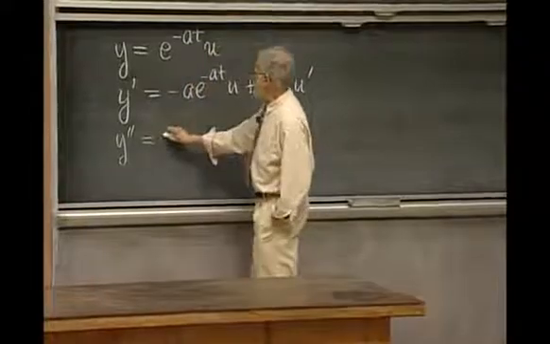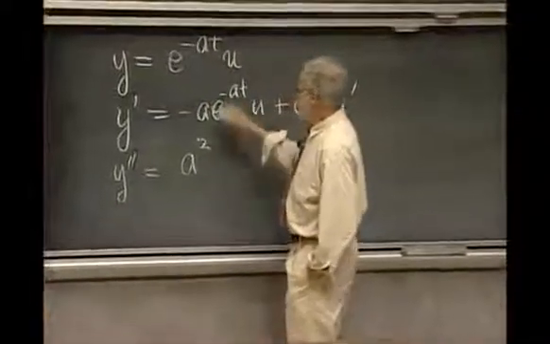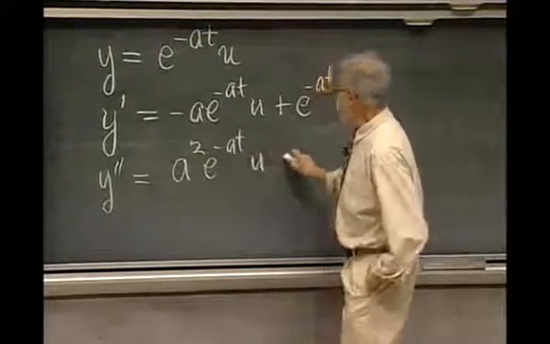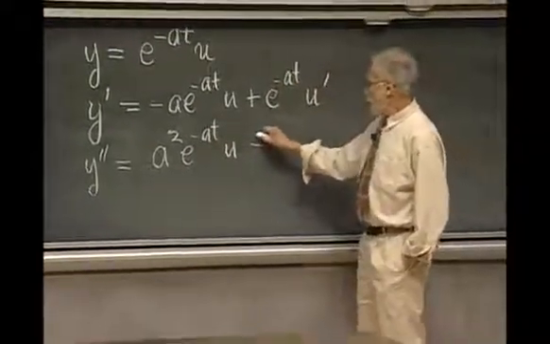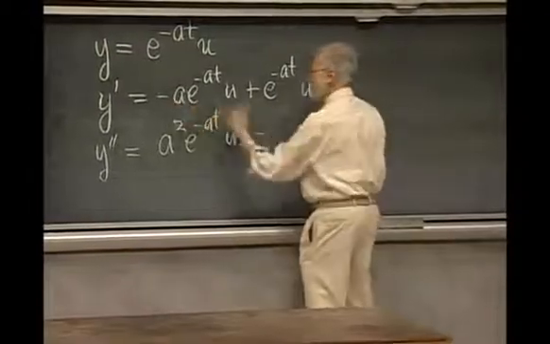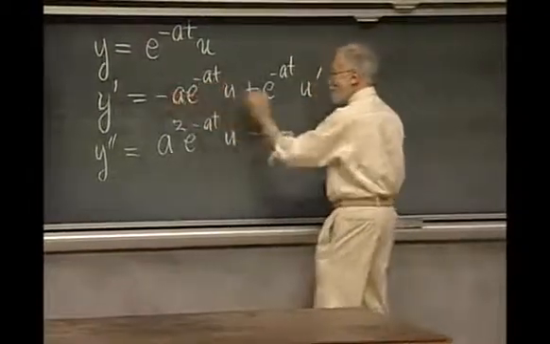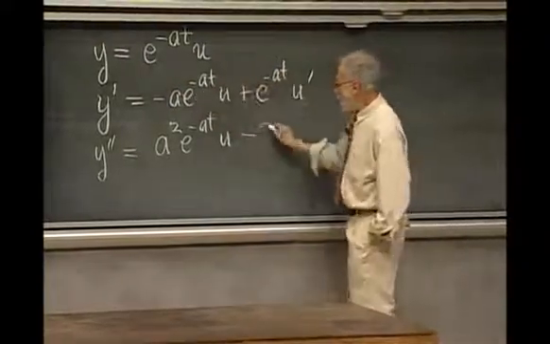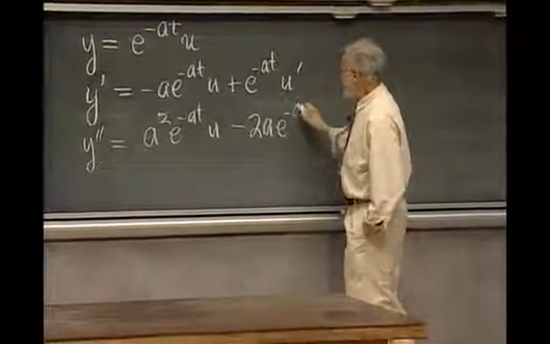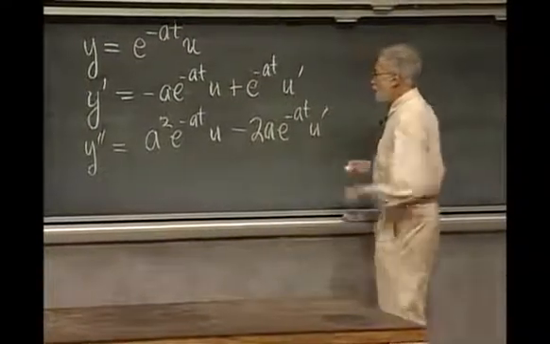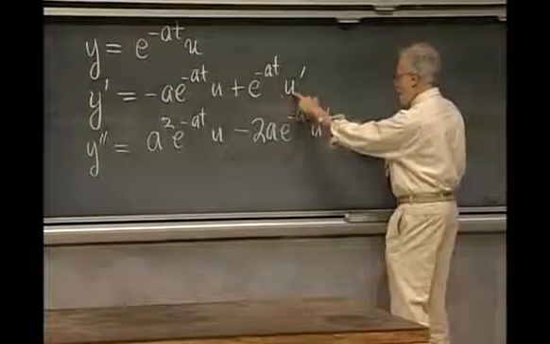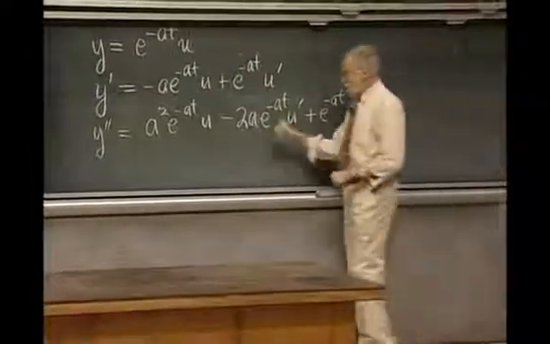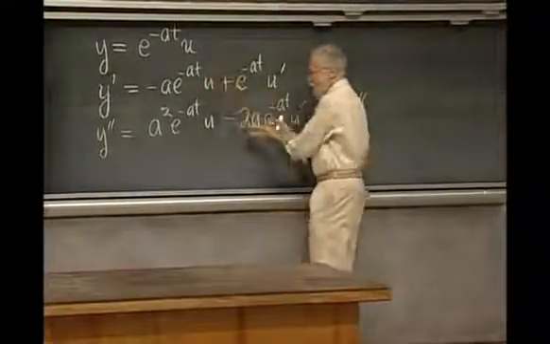The answer will be a squared e to the negative at u, then minus 2a e to the minus at u prime, combining what you get from the two pieces, and then a final term e to the minus at u double prime.